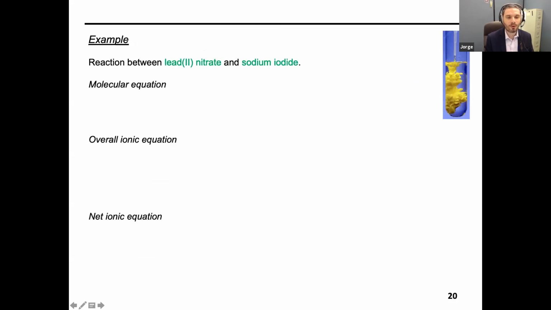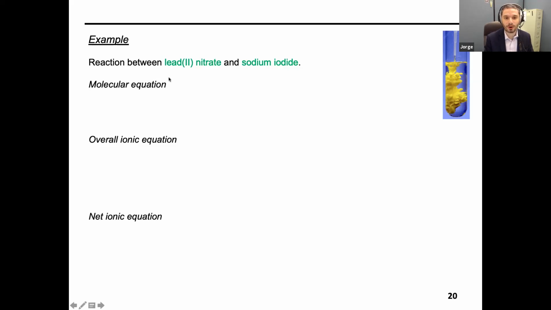Now we are going to take a look at some reactions between 2 salts. Usually the reaction between two salts is going to yield one salt that is insoluble and another salt that is soluble. Here it's the same thing.